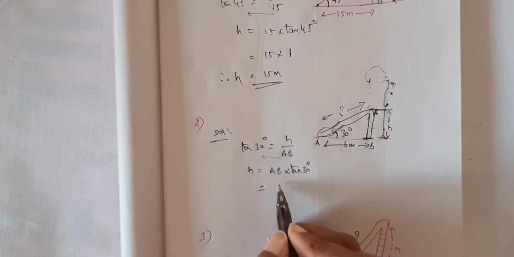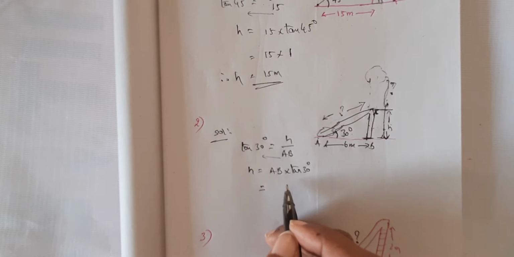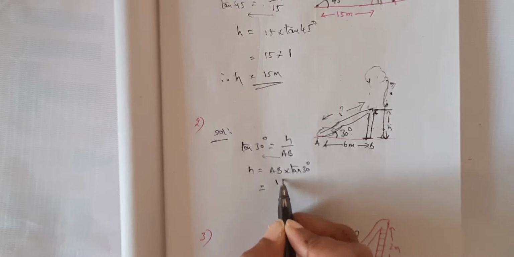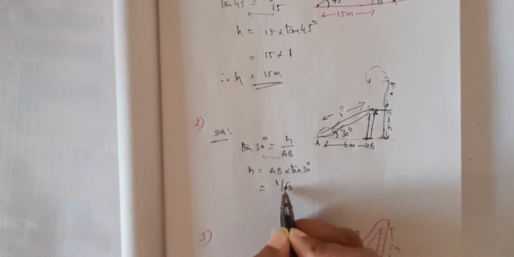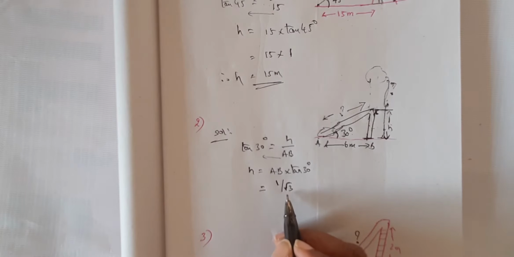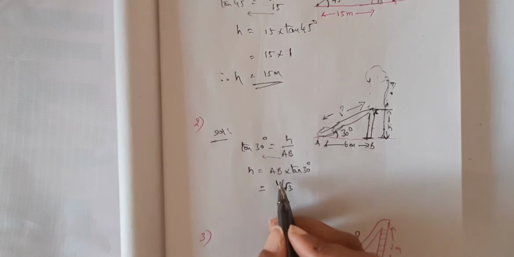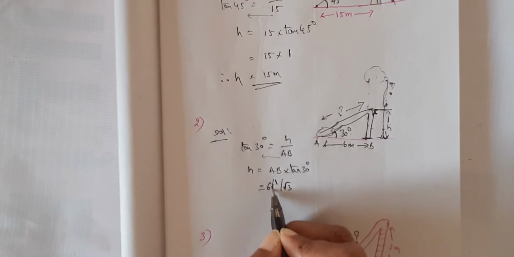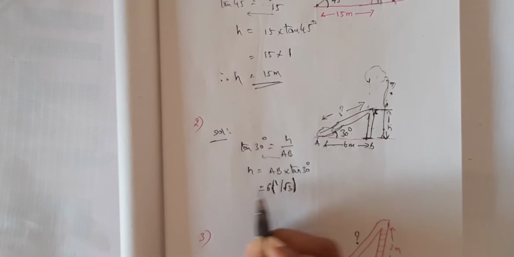Tan 30 degrees, you can use the sin 30 by cos 30 concept. So 1 by 2 by root 3 by 2, therefore 1 by root 3. Tan 30 is 1 by root 3, into AB. What is the AB value? 6. 6 into 1 by root 3.